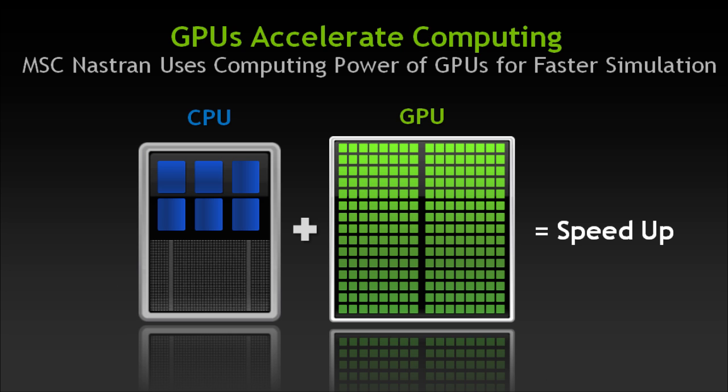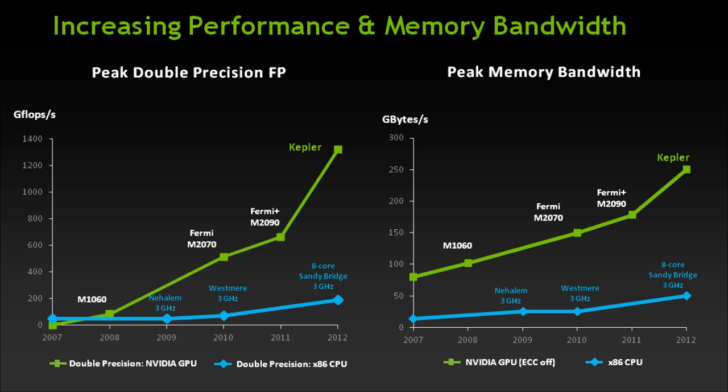GPUs use hardware multithreading to hide the latency of memory access. The key message I'd like to leave you with on this slide is that the latency-optimized CPU cores are well suited for the logic and control parts of the workflow, while the throughput-optimized GPU cores are ideal for the data-parallel and compute-intensive part of the workflow.